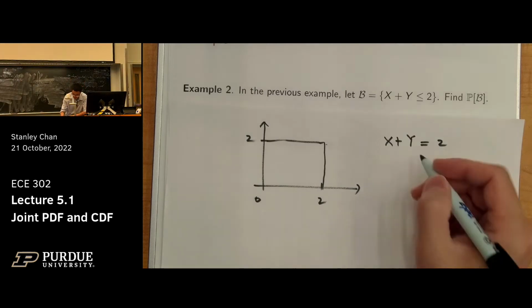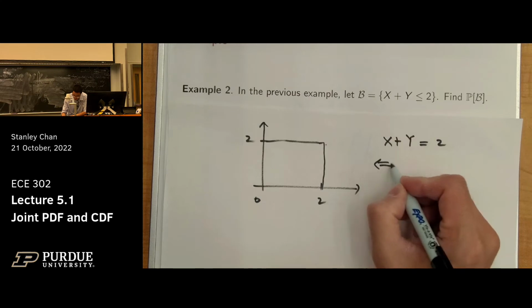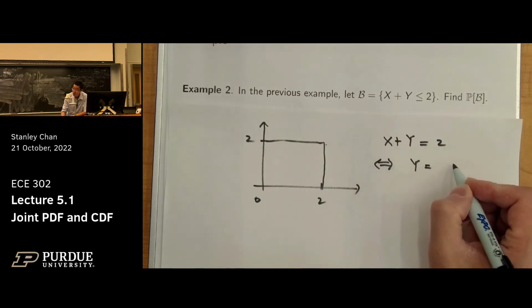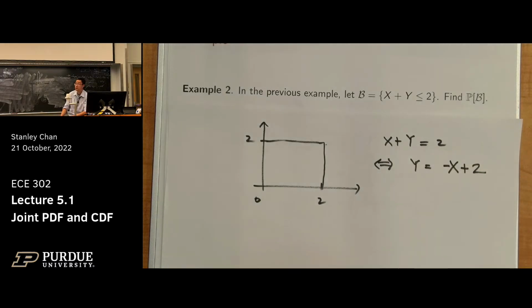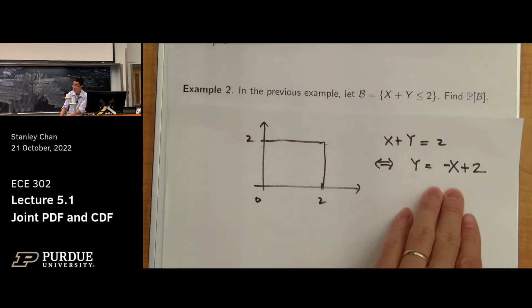Okay, so this line is equivalent to y equals minus x plus 2. All right, minus x plus 2. So what is the slope? Okay, the slope is minus 1.